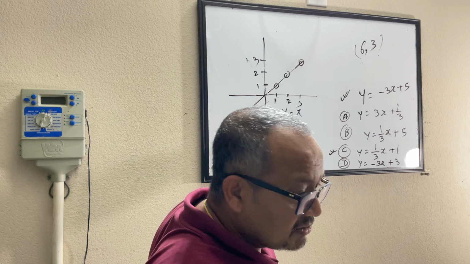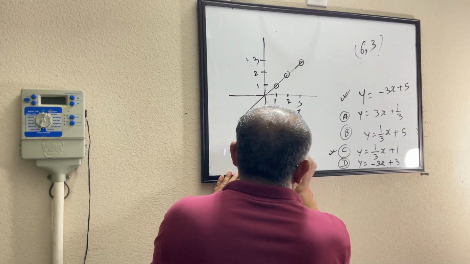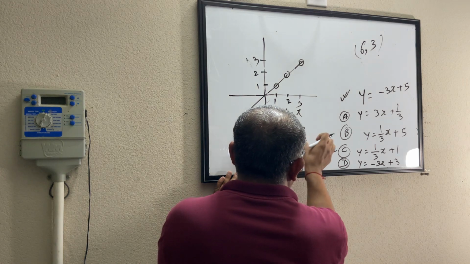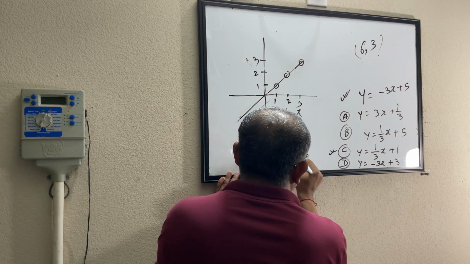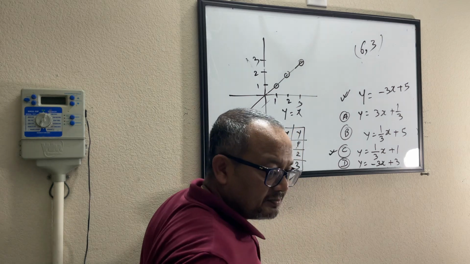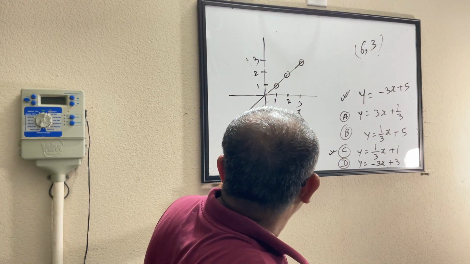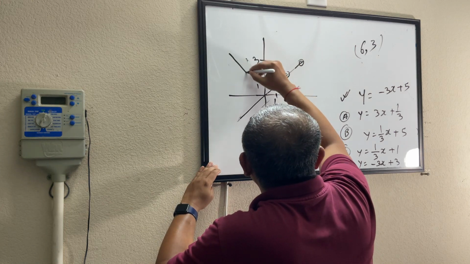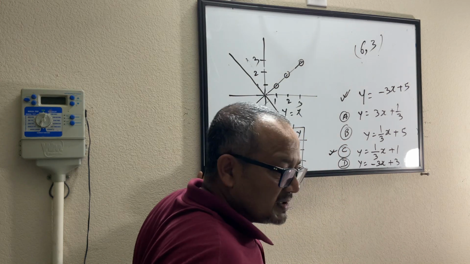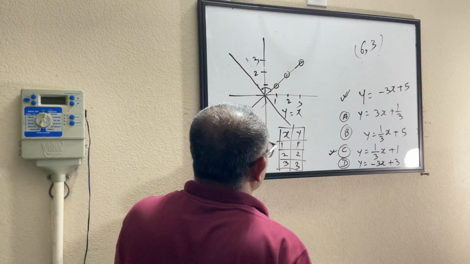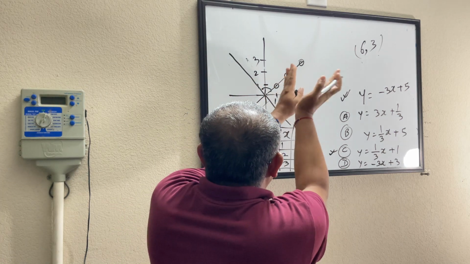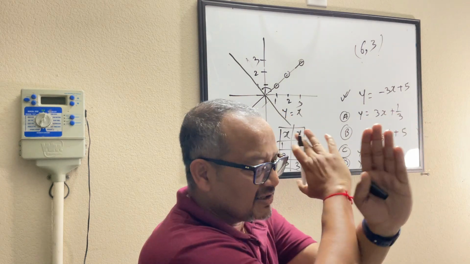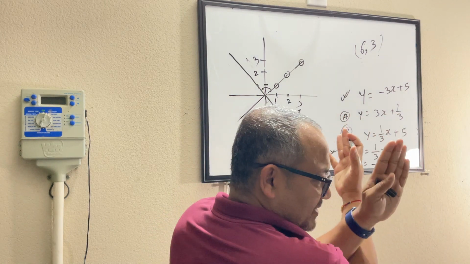This line is representing y equal to x. Now if I talk about the line that is perpendicular to this, making 90 degrees, this line is nothing but a reverse mirror image of this. It's like this line is rotated by 90 degrees.